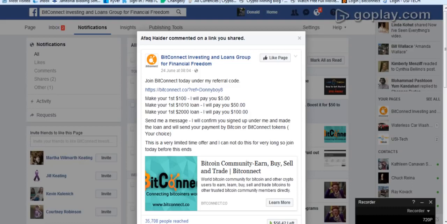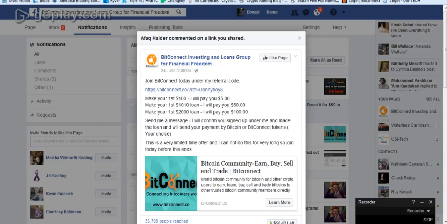All you need to do is, when you sign up and make your first loan, just message me or email me. I can see your membership and your loan amount, so you would just tell me your BitConnect login, whatever your username is. I'll just check it, and then I will pay you these bonus amounts immediately. And I will pay them to you in BitConnect tokens if you wanted to keep them in your account and make future loans or reinvestments, whatever.